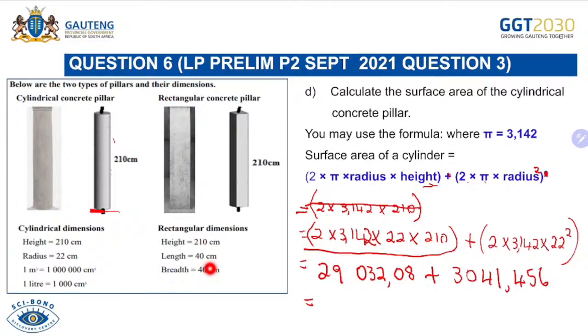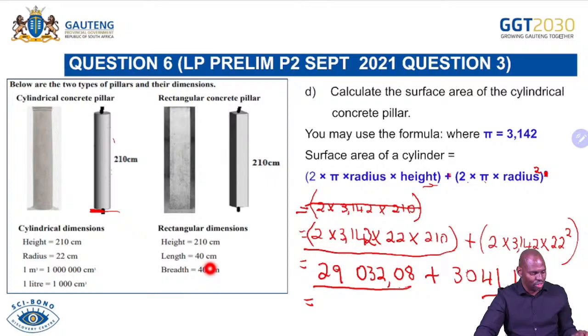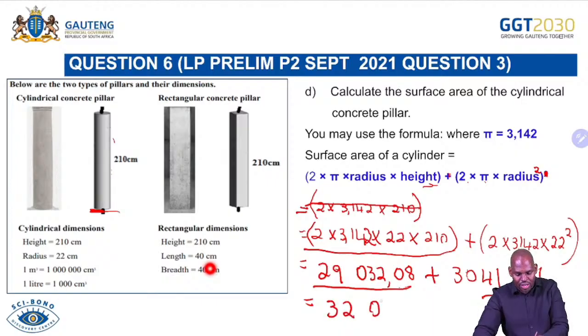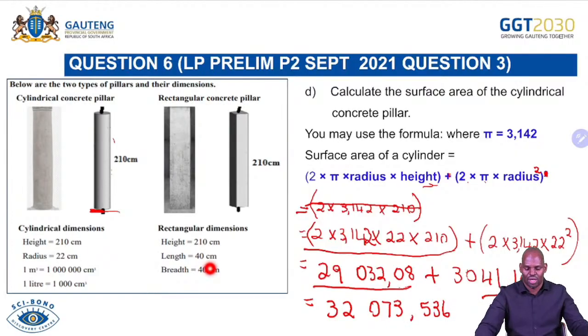Okay, then now we can add 3,041.456 and then we say plus 29,032.08. So in the end I get 32,073.536. The unit, everything that we substituted there, is in centimeters.